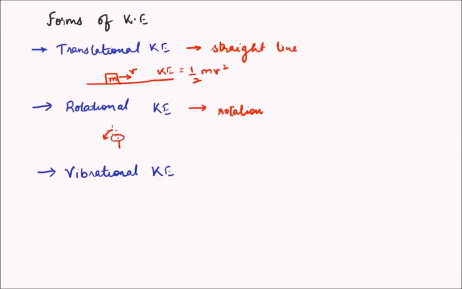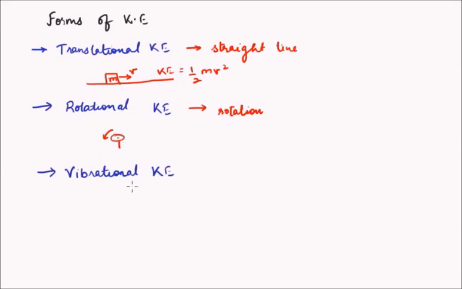It is rotating this way. Though this body is not moving forward or backward or in any direction, rather it is hinged at a point and rotating about it, this body still possesses a kind of kinetic energy, and that kinetic energy is called rotational kinetic energy because it is by virtue of rotation.